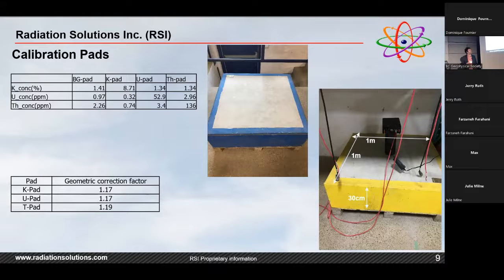It's a 1 meter by 1 meter by 30 centimeters deep concrete pad, and you have a set of 4 pads. One is just the concrete you're using to mix everything. Another one is the same concrete with added potassium signature, another one with some uranium, another one with thorium.